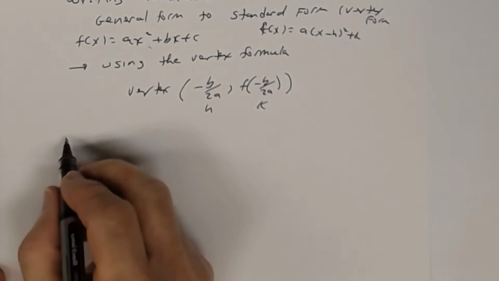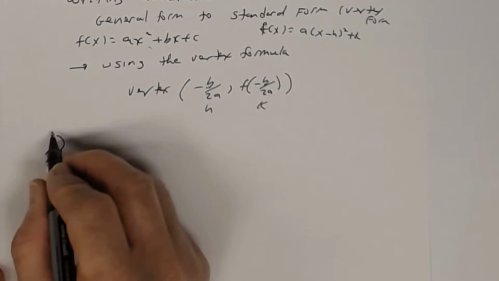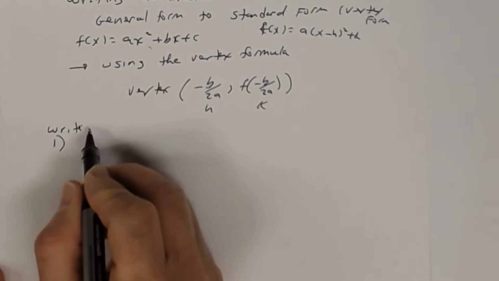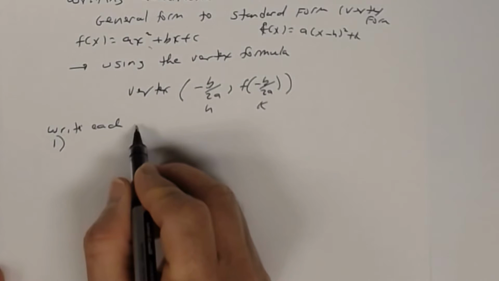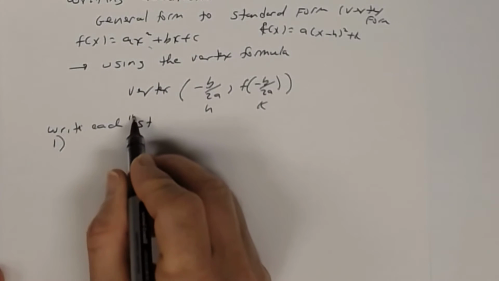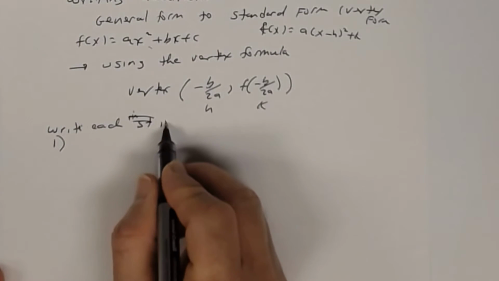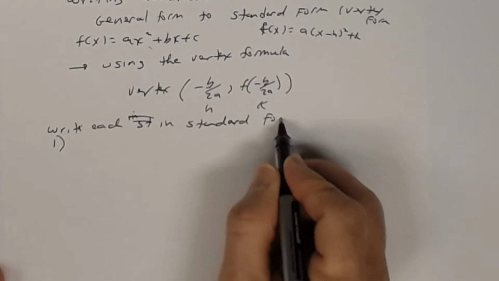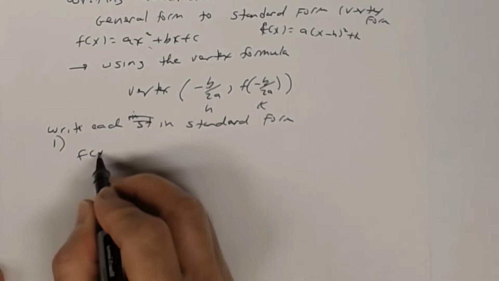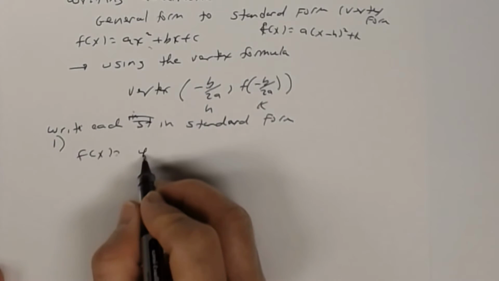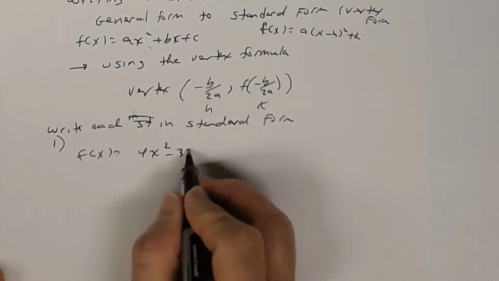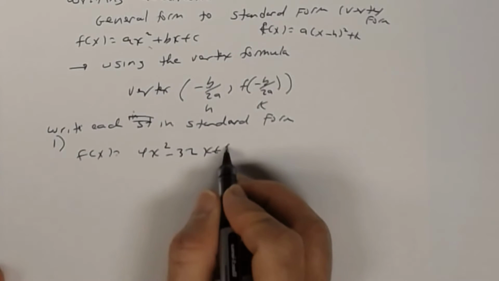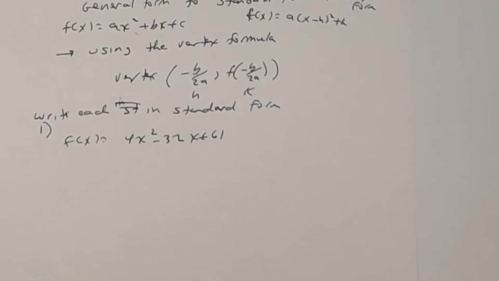So let's look at an example. Number one, write each in standard form. Let's say we have f of x equals 4x squared minus 32x plus 61.